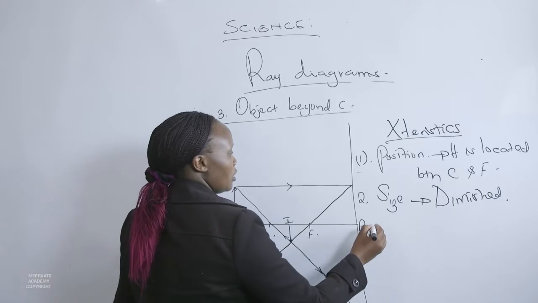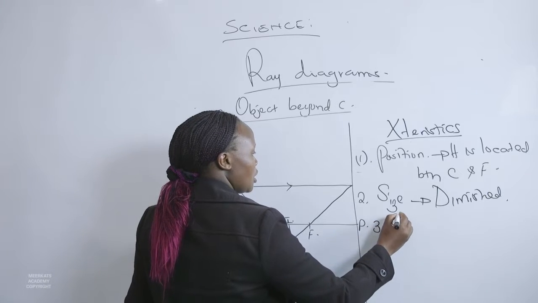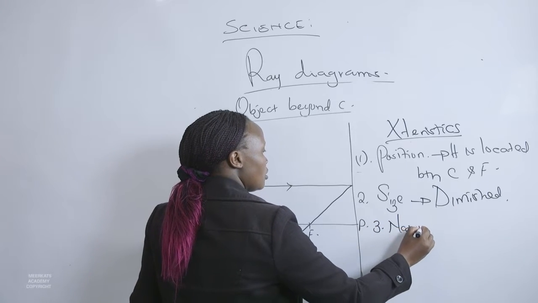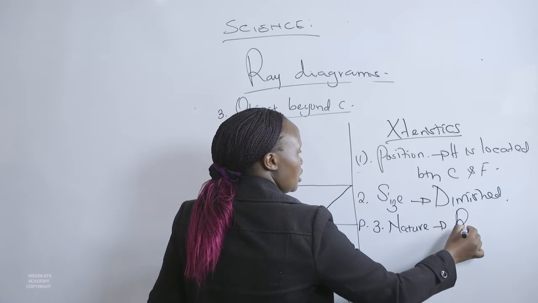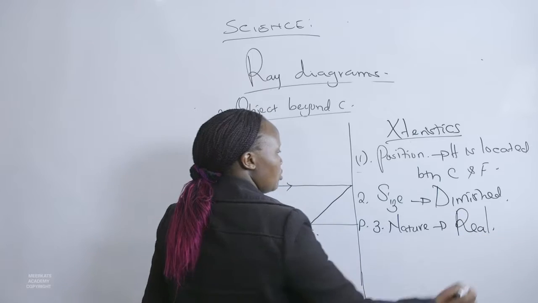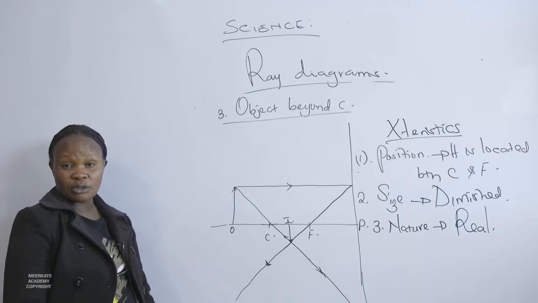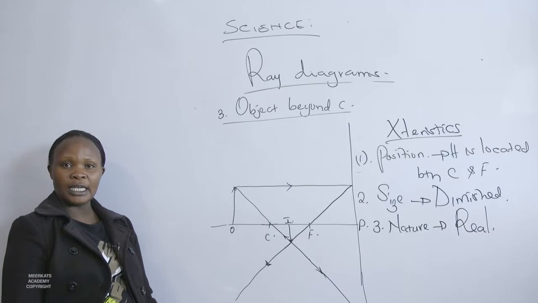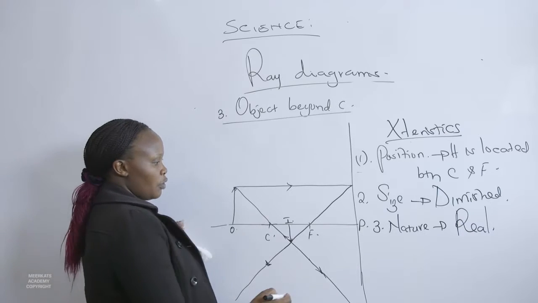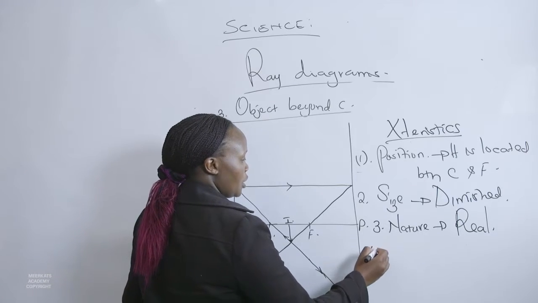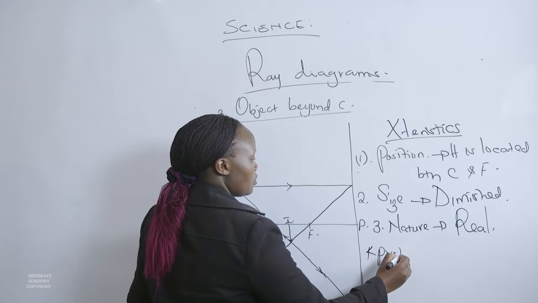Number 3, we can talk about the nature of the image, where we note that it's actually a real image. It's real. Number 4 is the posture.